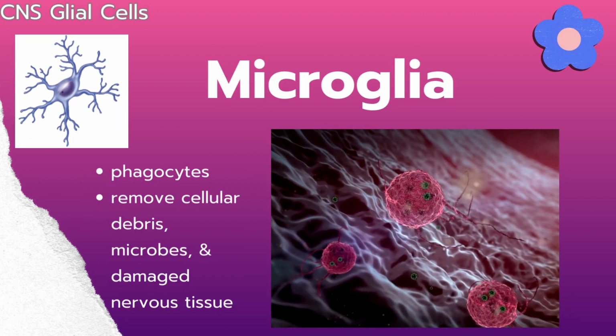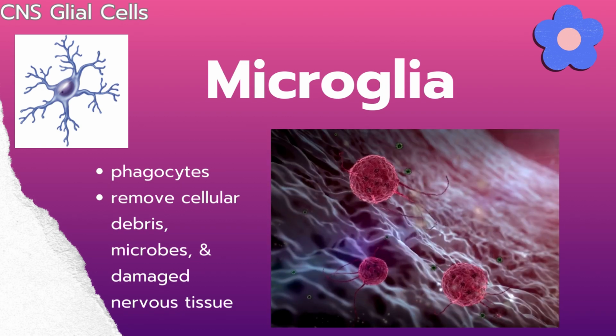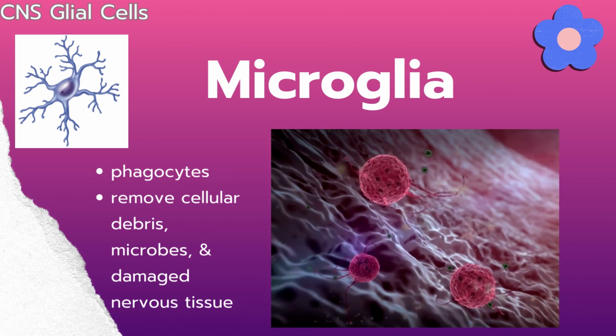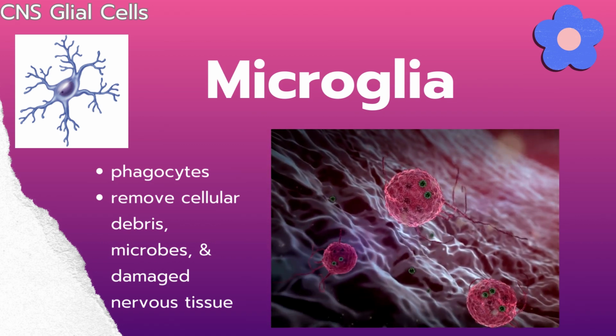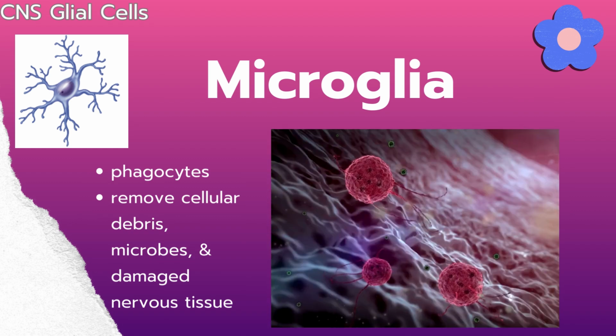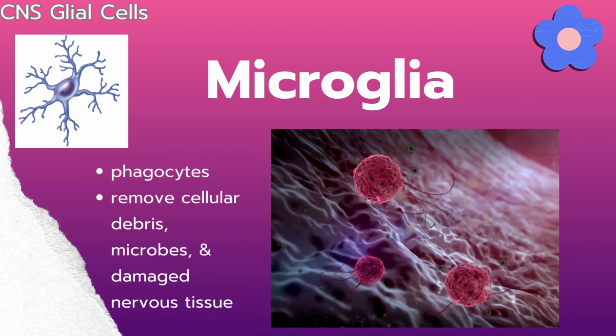The third CNS glial cell is the microglia. These are phagocytic cells that engulf and destroy microbes, cellular debris, and damaged nervous tissue. Essentially, they work to clean up the central nervous system and protect us against invaders.